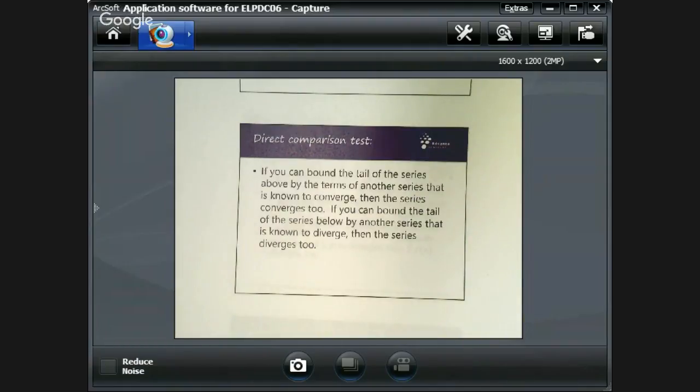If I have a series, let's say the nth term is a sub n, and that series is always greater than the series for b sub n, where b sub n is the nth term of the other series, then if the greater one converges, then so must the lesser one. If the top is bounded above, then the bottom has to be bounded above as well.